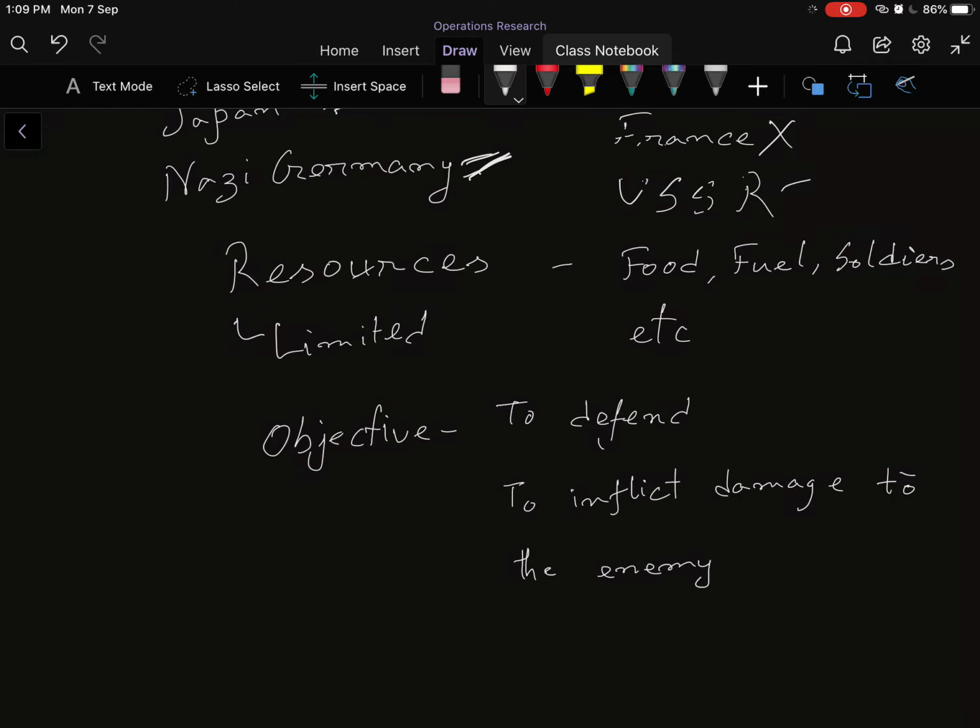So it realized that it would always have scarcity of resources, and with that limited resource it has to attain its objective.